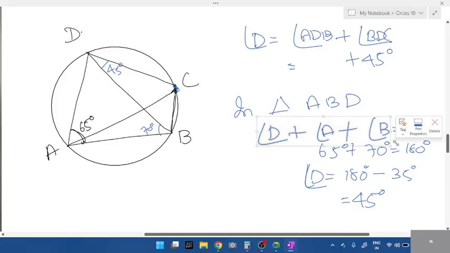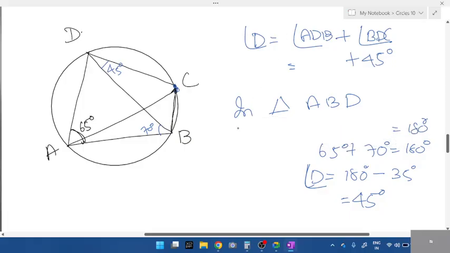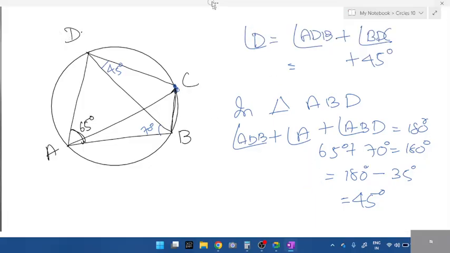If you're getting confused, I'll split this into three angles. Angle ADB plus angle A plus angle ABD. So therefore we get angle ADB. What is angle ADB, students? What's the answer for ADB? No, not 90. 45.